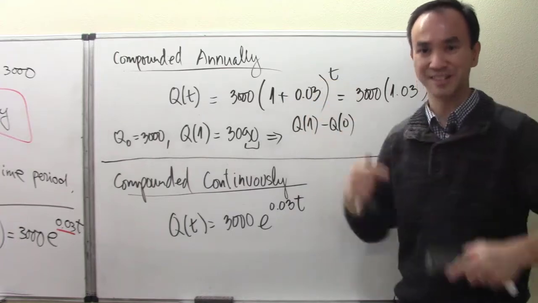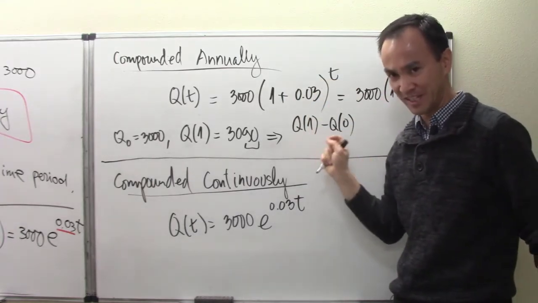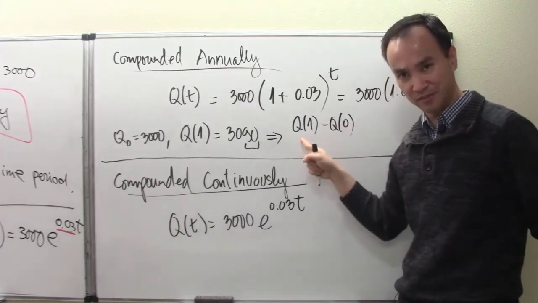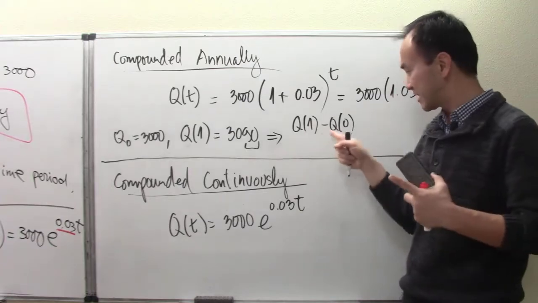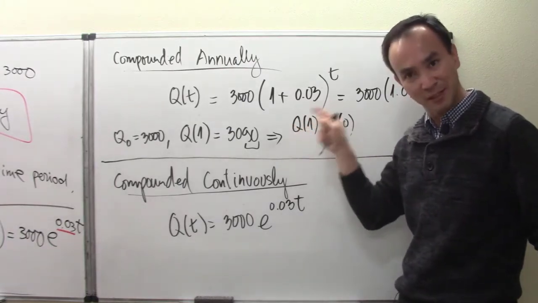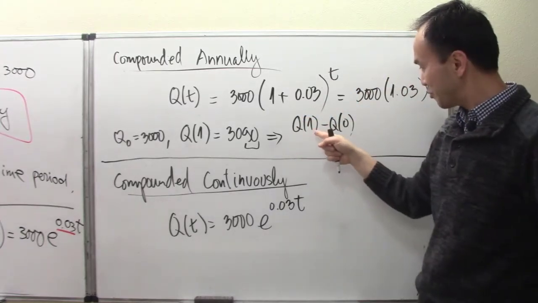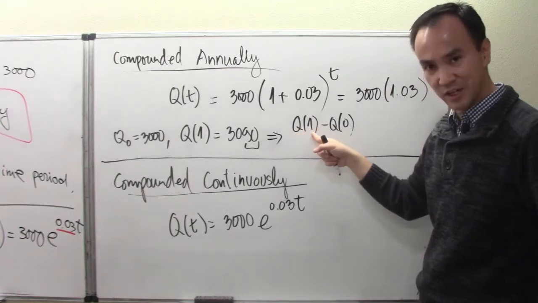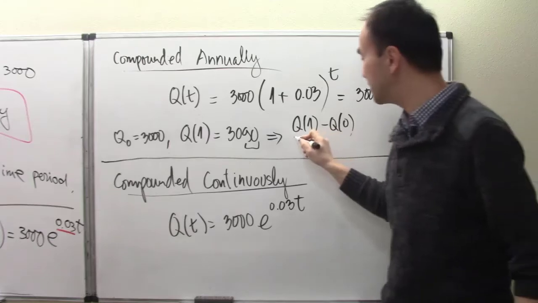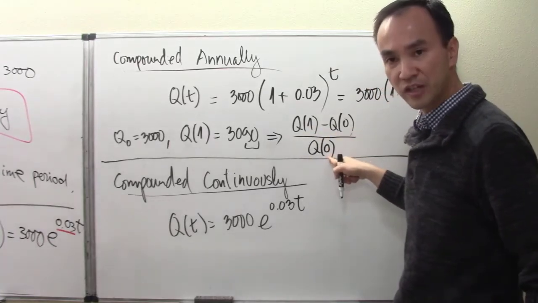I'm using time 0 and time 1 year away, but basically it's 2 consecutive time points of the default time period. In this problem, the default time period is 1 year. So I'm taking the quantity 1 year after the initial time, taking that difference, and dividing by the actual amount at the initial time.